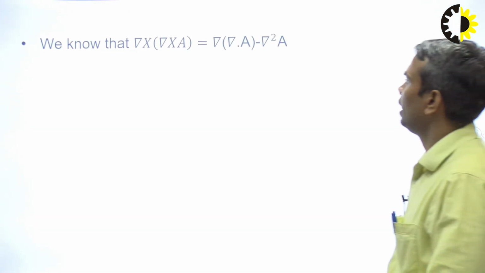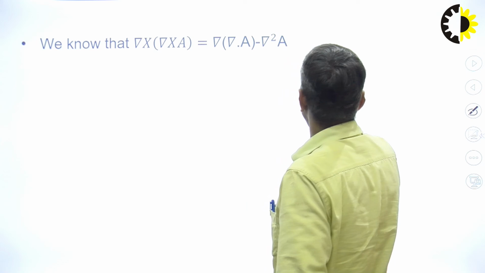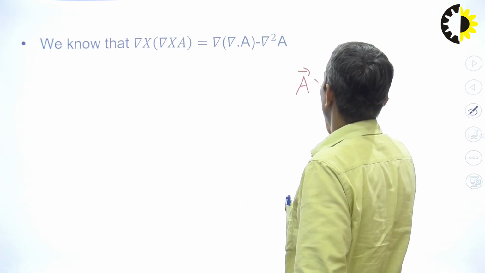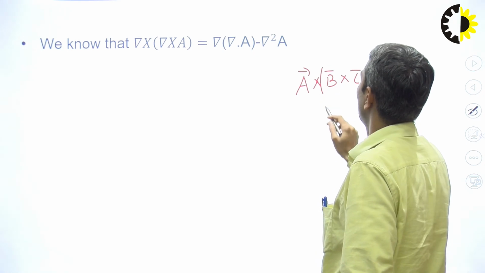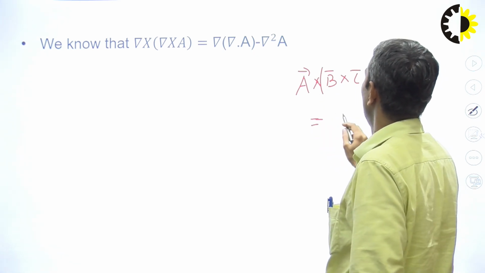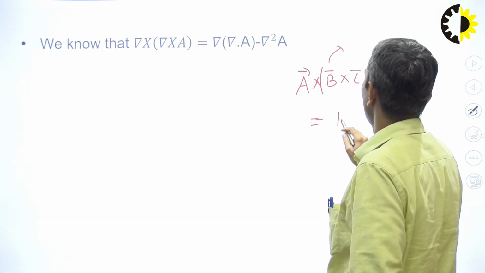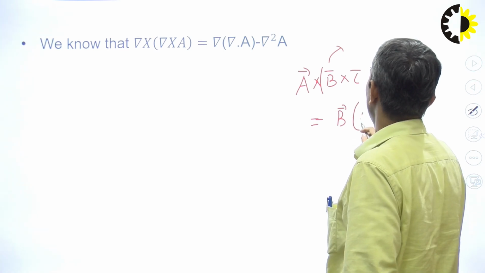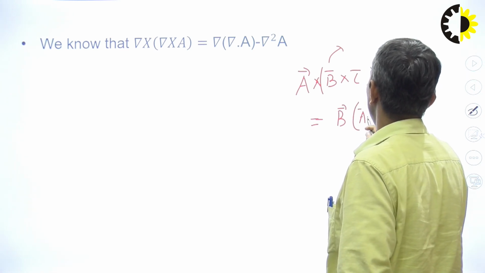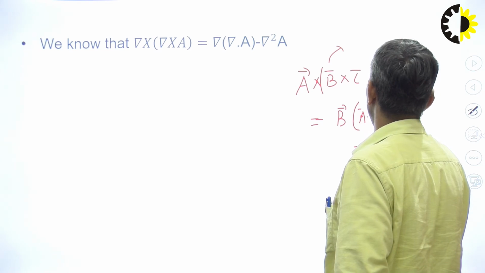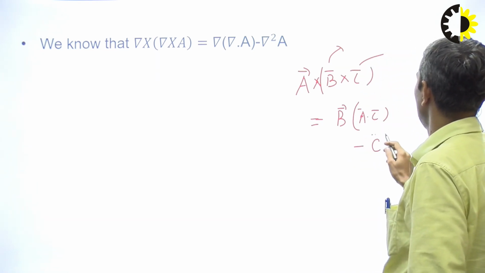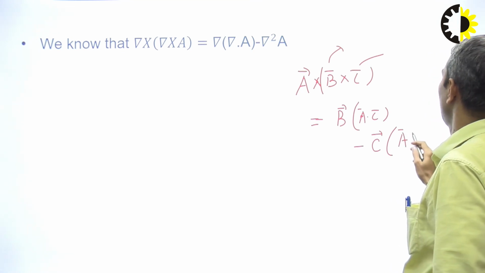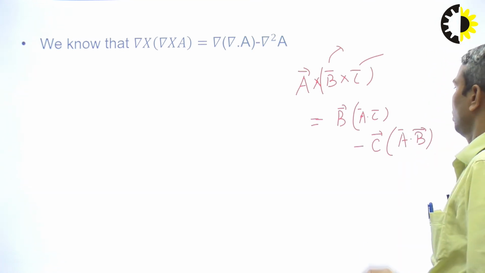So now we solve right hand side. The right hand side we can solve by using vector triple product A cross B cross C. A cross B cross C is basically what we do, we take middle vector and dot product of rest two vectors minus the second vector, that is vector C, and dot product of rest two vectors.